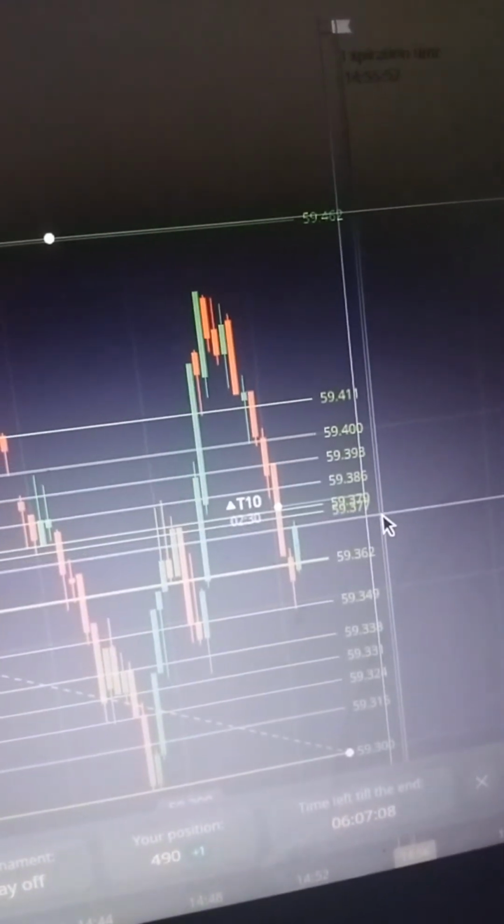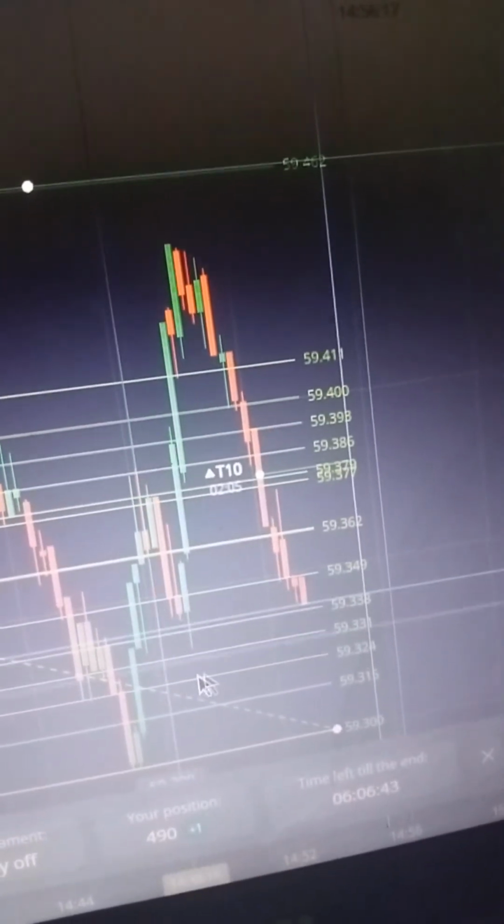Okay. So as ICT says, when two or more imbalances are present, expect the price to trade to the second one.